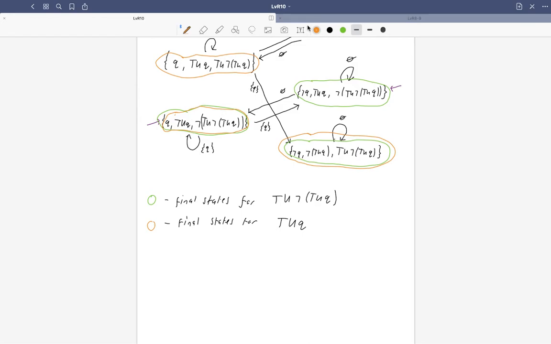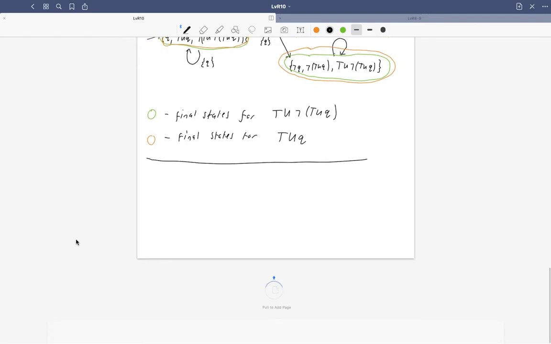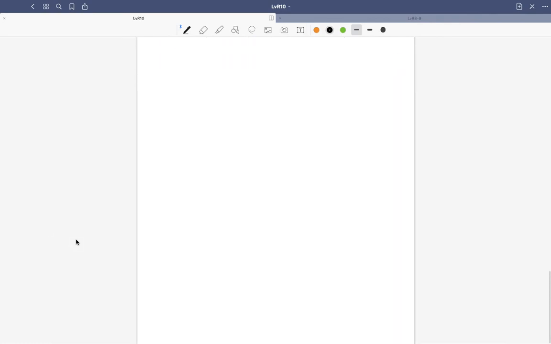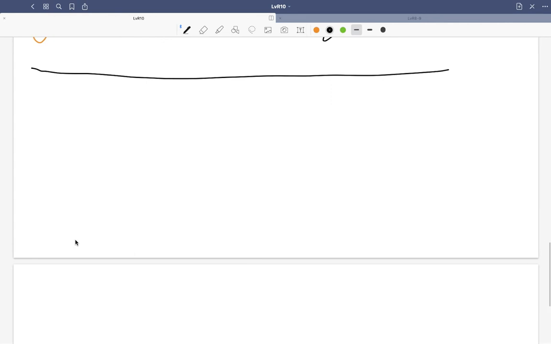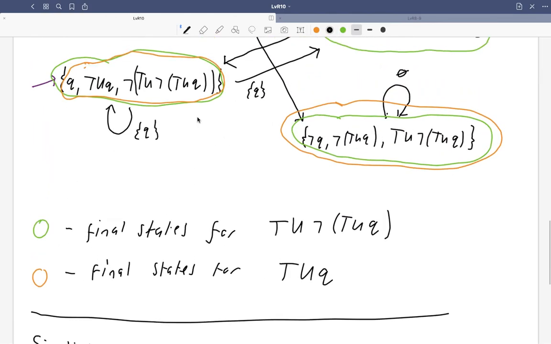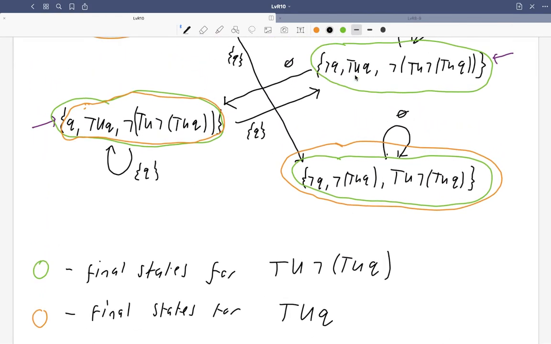is this. There's enough space here because it's very simple, but let's maybe expand a bit. So the simplified automaton, we're going to have this state and this state.